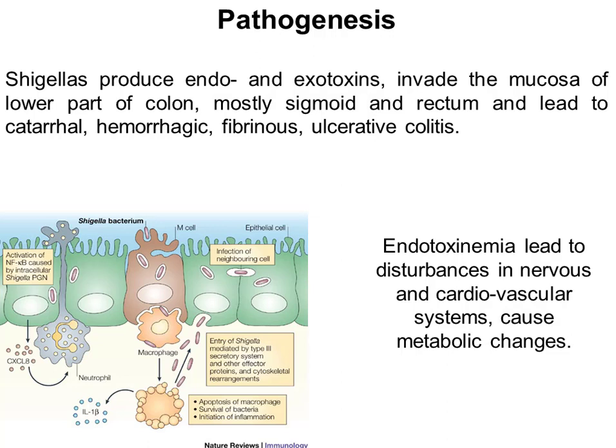The vasopressive effect of the toxin increases vascular permeability, and it leads to the start of exudation. When white blood cells destroy Shigella, they release lipopolysaccharide endotoxin, which damages the vascular endothelium, and vascular permeability increases even more.